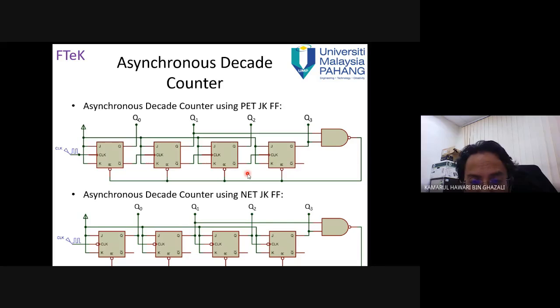Logic 0 in order to reset all output of flip-flop to become 0. Same goes to here. This connected to Q1 and Q3. This is for positive edge trigger, this is for negative edge trigger.